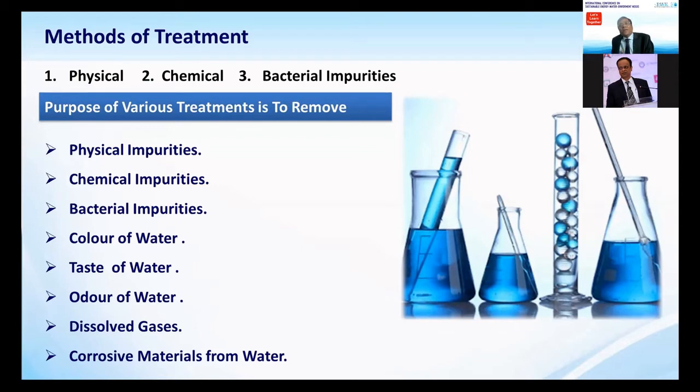We have to achieve those targets by employing equipment based on the type of available source. And for the impurities, what is the objective? The purpose of the various treatments is to remove physical impurities, chemical impurities, bacteria, color, taste, and odor, whatever is present, to meet the utility which we intend.